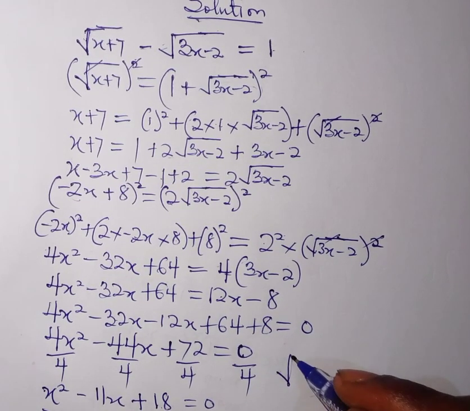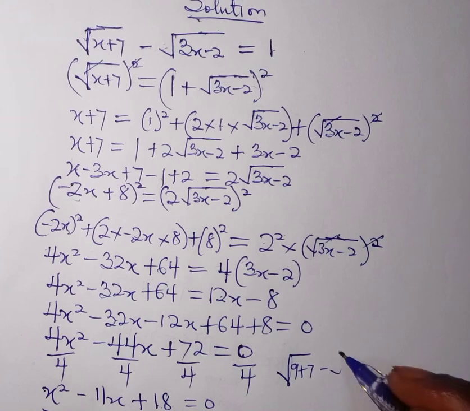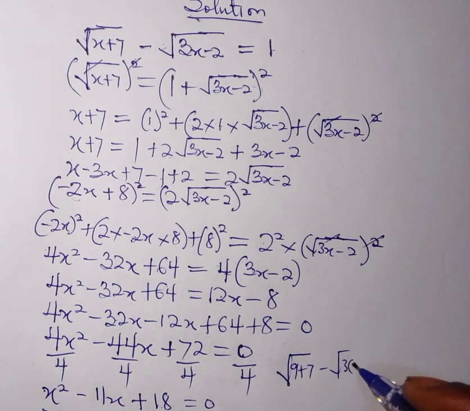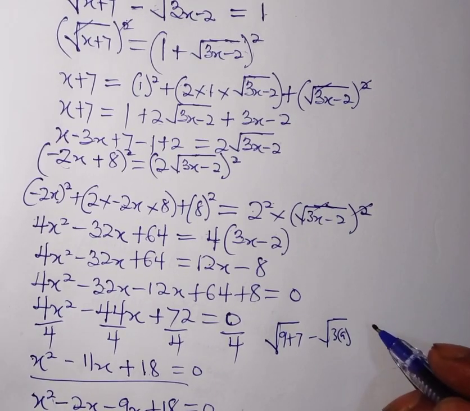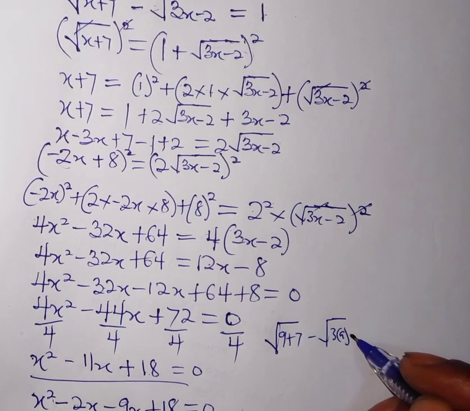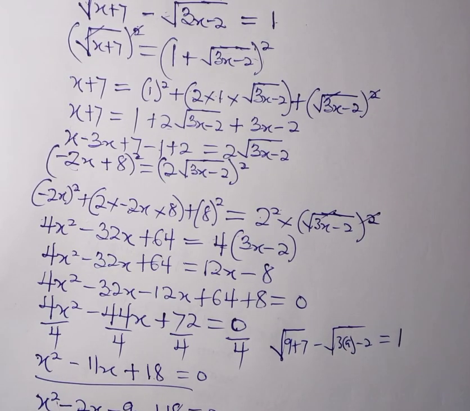So let me first put 9 there, and let's see. In the question, we have x plus 7. So I will put 9 plus 7 minus 3 times 9 minus 2. Let's see if it is going to be equal to 1.